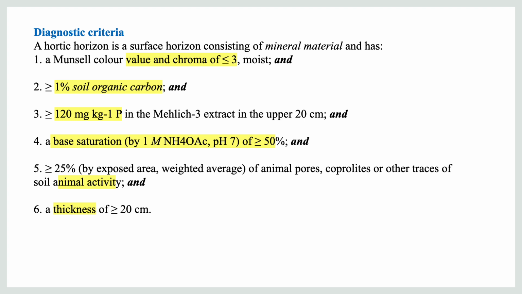Okay. Also, for the anthropic horizon, not only the high base saturation, but also features that express soil animal activity, like pores created by termites, wormholes, coprolites and other traces, any kind of feature that expresses or could express animal activity or bioturbation, it's important to describe and classify the anthropic horizon.